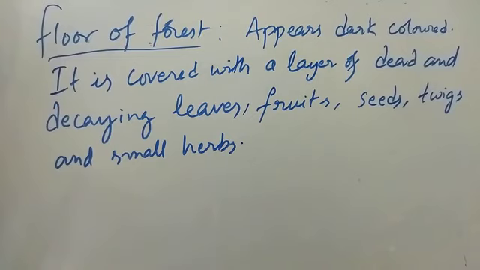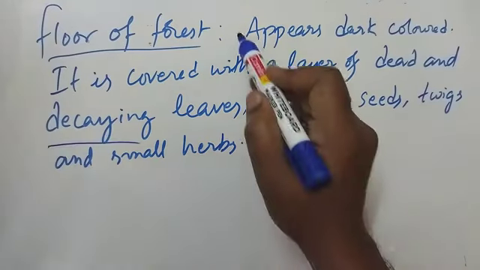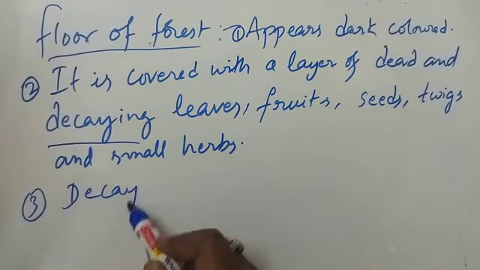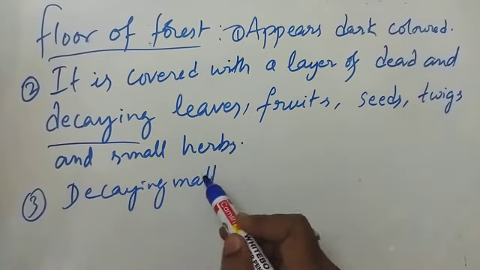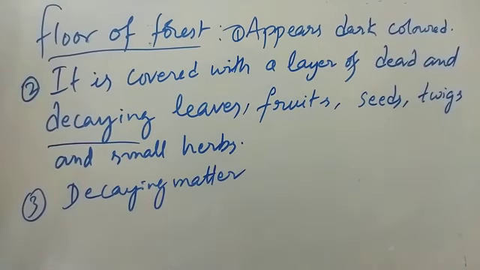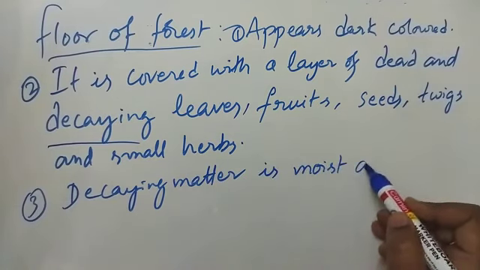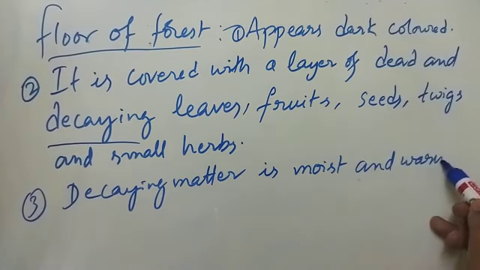The floor of the forest appears dark colored and it is covered with a layer of dead and decaying leaves, fruits, seeds, twigs and small herbs. And this decaying matter is generally moist and warm. Is the decaying matter always warm?